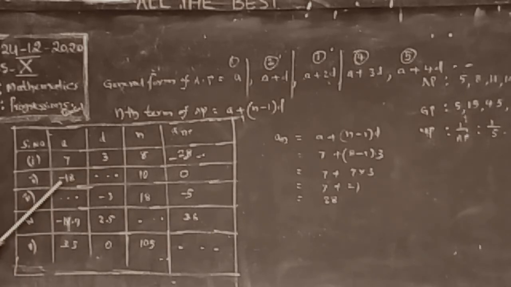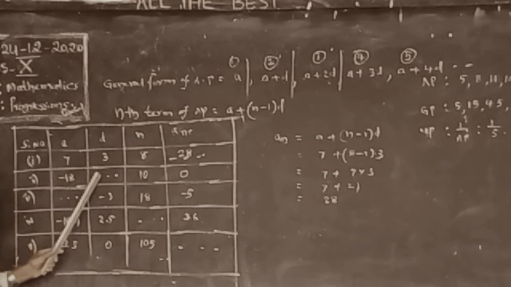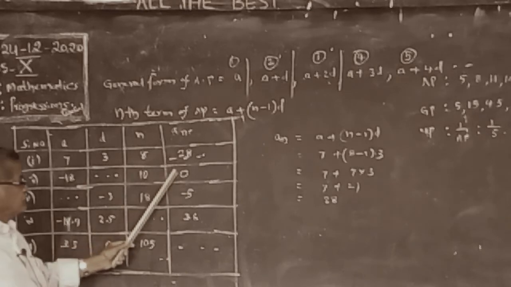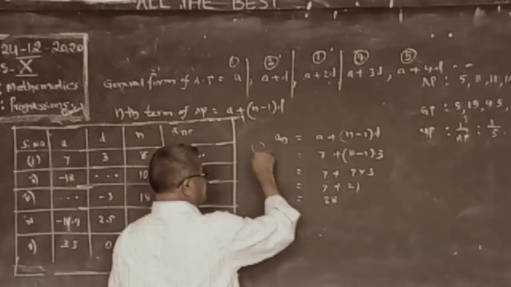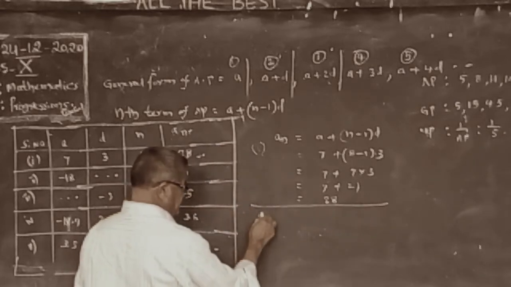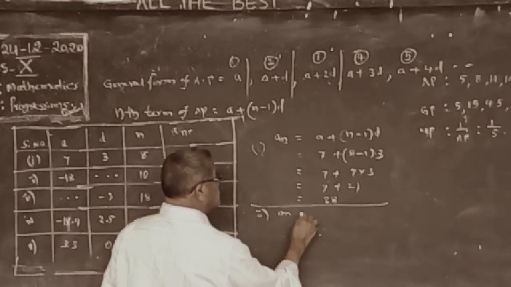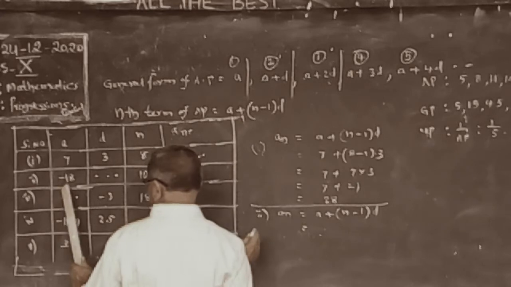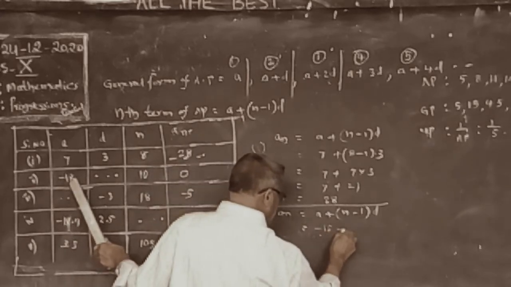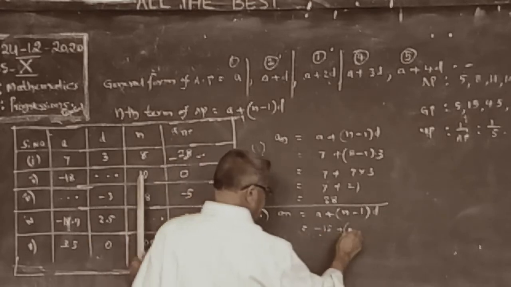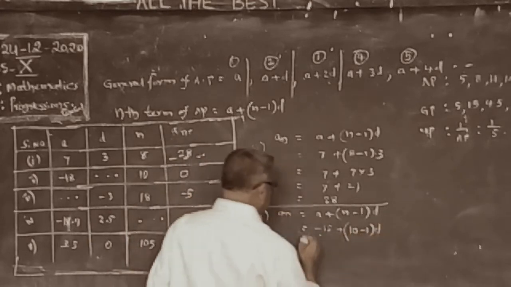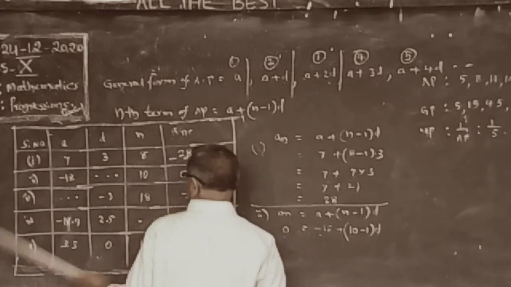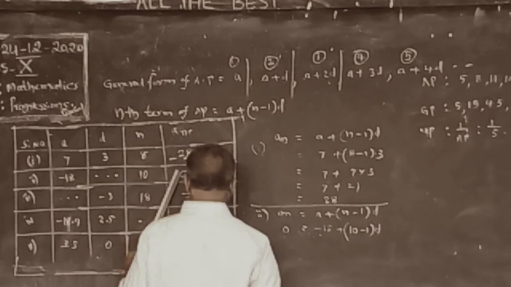First term given is minus 18, N is 10, and the nth term is 0. Apply the same formula: An is equal to A plus n minus 1 of D. A is minus 18, n is 10, D we don't know, and the 10th term is 0.